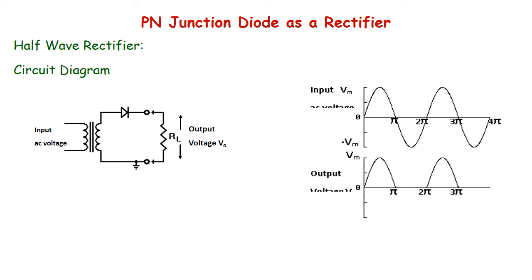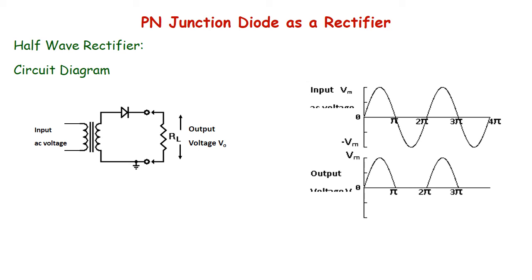It is 9 volts or 12 volts or simply 6 volts. Depending on what voltage you need, the first step is a transformer that steps down your AC voltage to the required value.